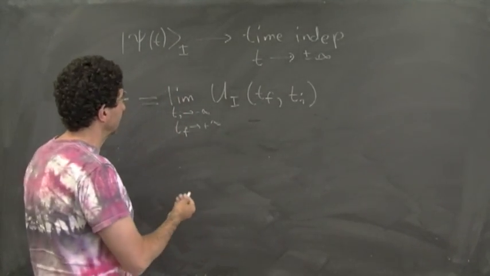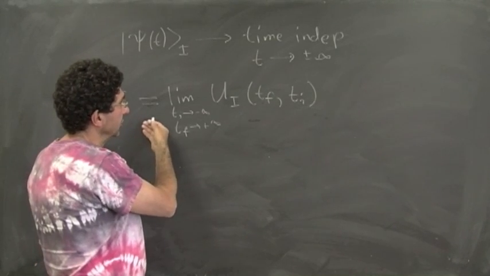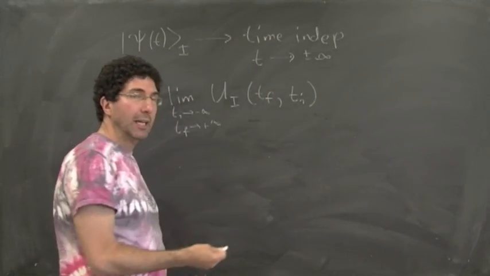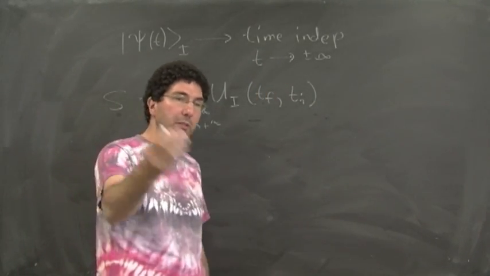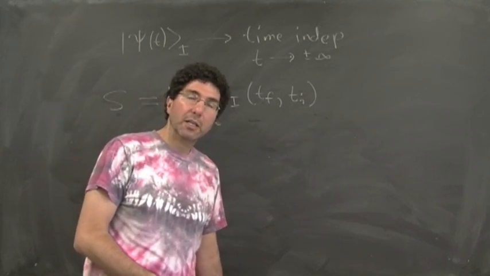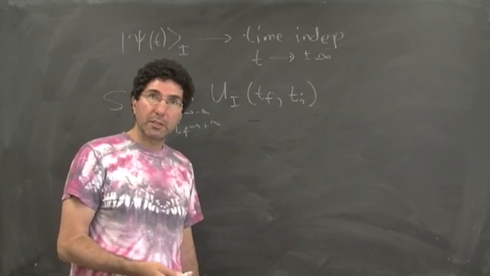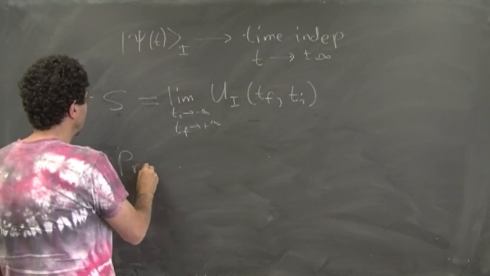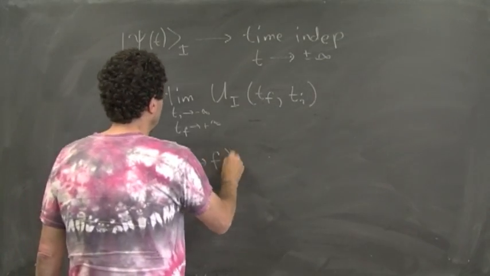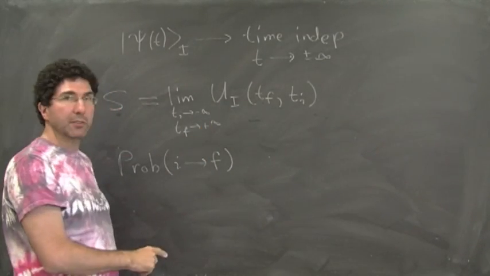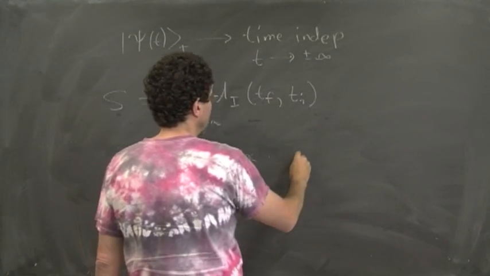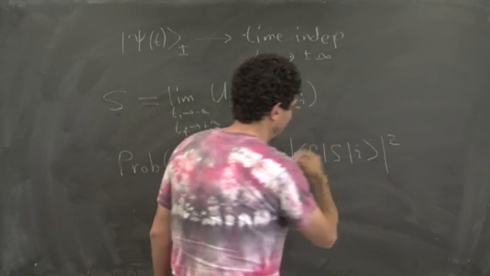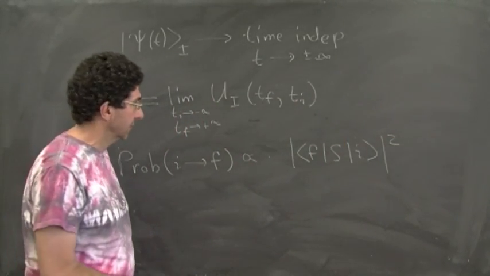So the S matrix tells us the probability to have a transition between different interaction picture states, and these interaction picture states are defined to have the free time evolution, the sort of trivial time evolution that we've been studying up till now, taken out of the states. And so we can relate this directly to physical observables because the probability to make a transition from some initial state to some final state will then just be proportional to the matrix elements of this S matrix operator squared, because probabilities are squared in quantum mechanics.